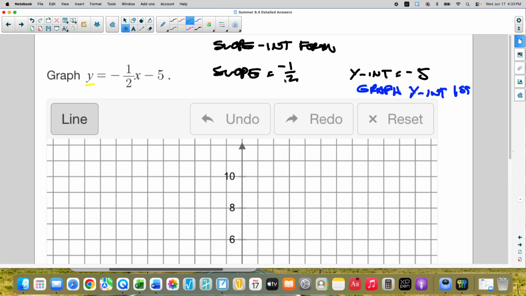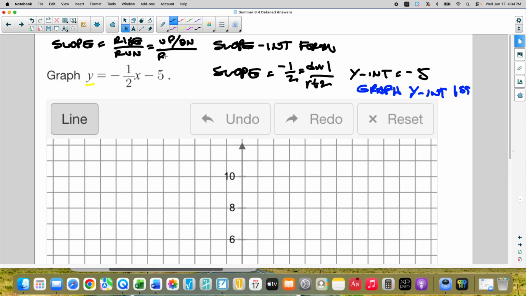So this is -1/2. So -1 means down 1, and +2 means right 2. Remember, slope is rise over run. Rise, you can go up or down.